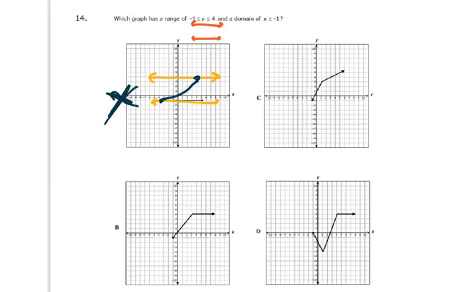Okay, next one. Lowest number, yeah, that's -1 so far. That's great. But the top, that's an arrow. That arrow means it's going to go up forever, meaning that it's not going to stop at 4. So no, that does not have that range. Letter B. Oops.